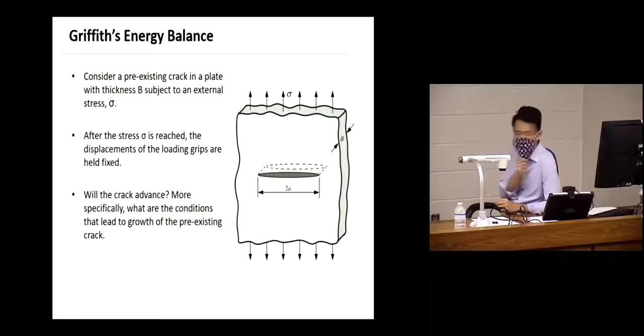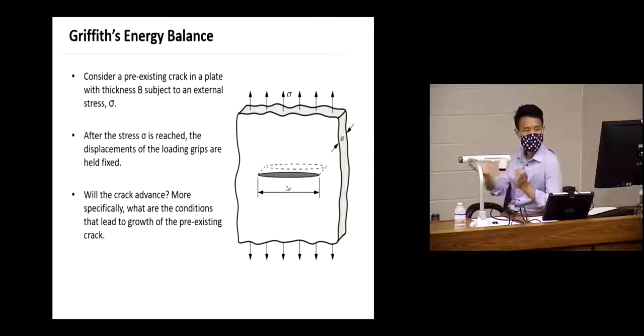In the end of the day, what we want to understand is at what conditions a crack is going to get larger, right? Because there are already pre-existing flaws in the material, so there are already some cracks to begin with. And when we talk about fracture, that means that the flaws get larger.